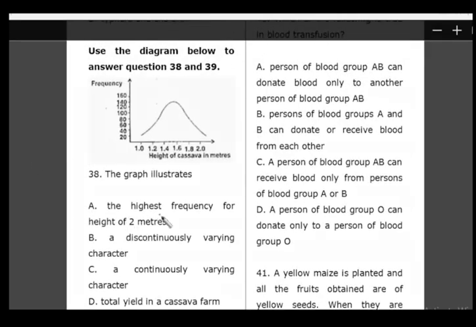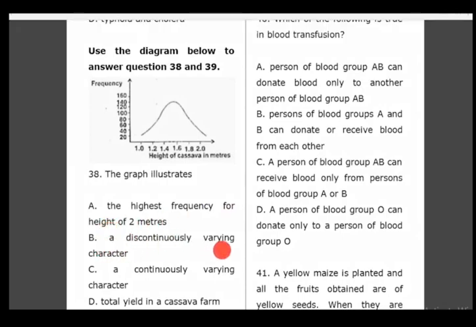The graph illustrates A. the highest frequency of height of 2 meters, B. a discontinuously varying character, C. a continuously varying character, and option D, total yield in cassava farm. Now it is not showing only the frequency for height of 2 meters. That is not the only information we can get from here. And if you look at B, it is not a discontinuously varying character because you can see it transiting from one end to another.